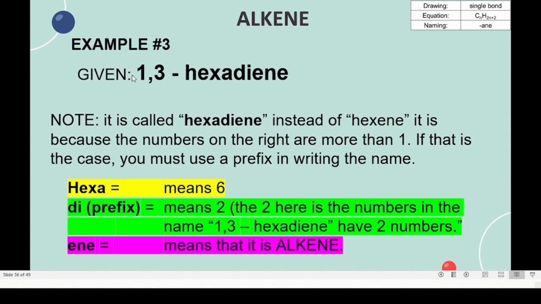So we use di. If that is the case, you must use the prefix in writing the name. So hexa means 6. Di, which is a prefix, is equivalent to 2. Since there are two numbers here, the 1 and 3, it means there are two double bonds, then we must use di. And E indicates that it is an alkene. Okay? That is the naming.